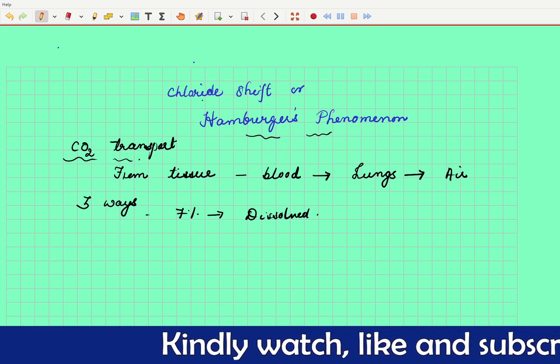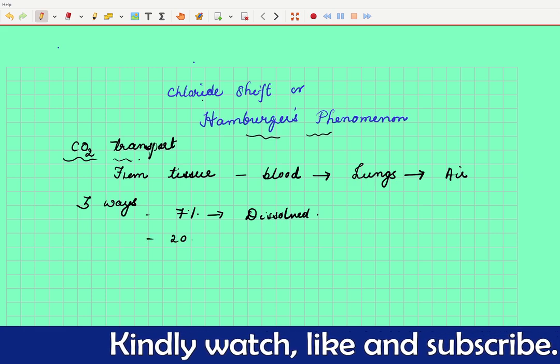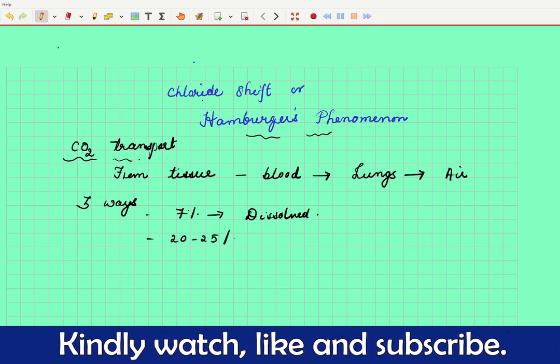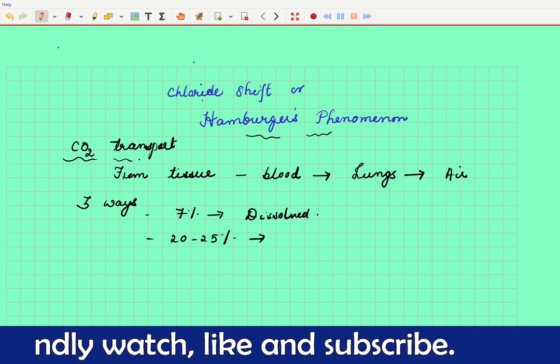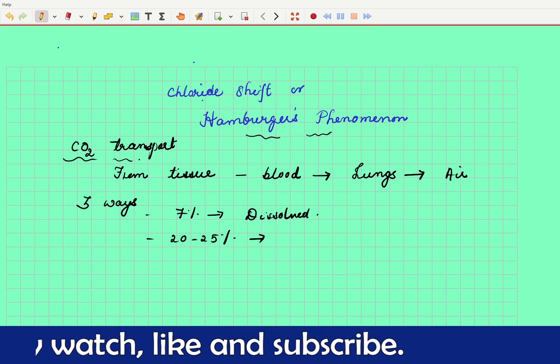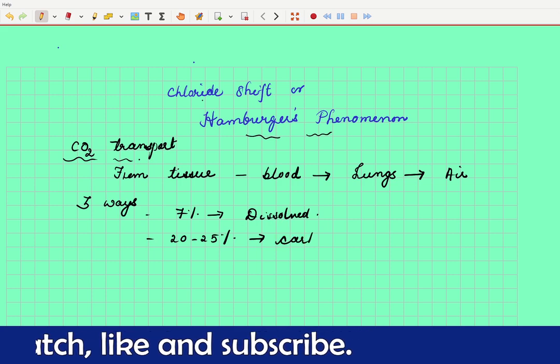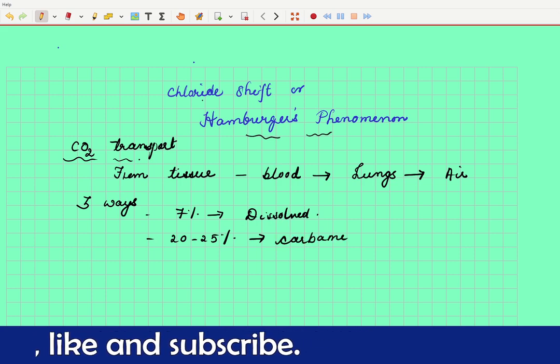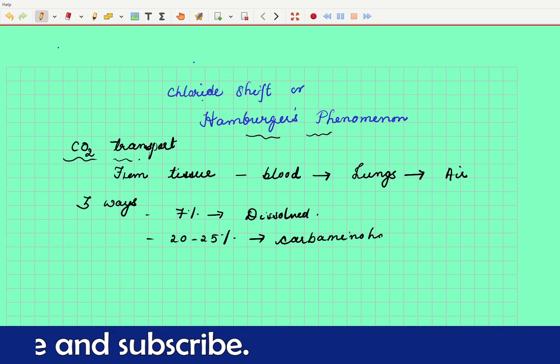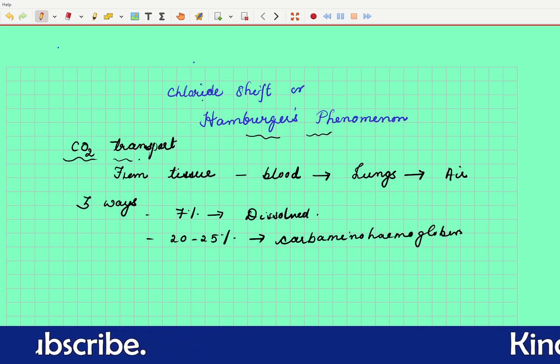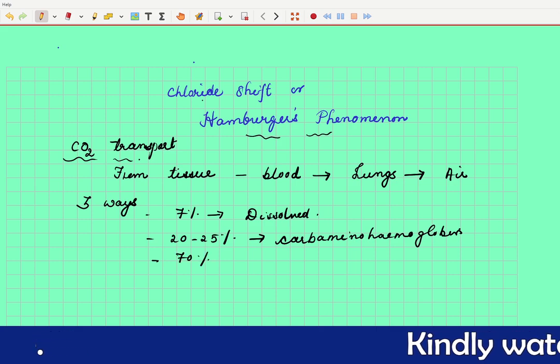Then 20 to 25 percent of carbon dioxide is transported in the form of carbaminohemoglobin. The remaining 70 percent of carbon dioxide is transported as bicarbonate ions.